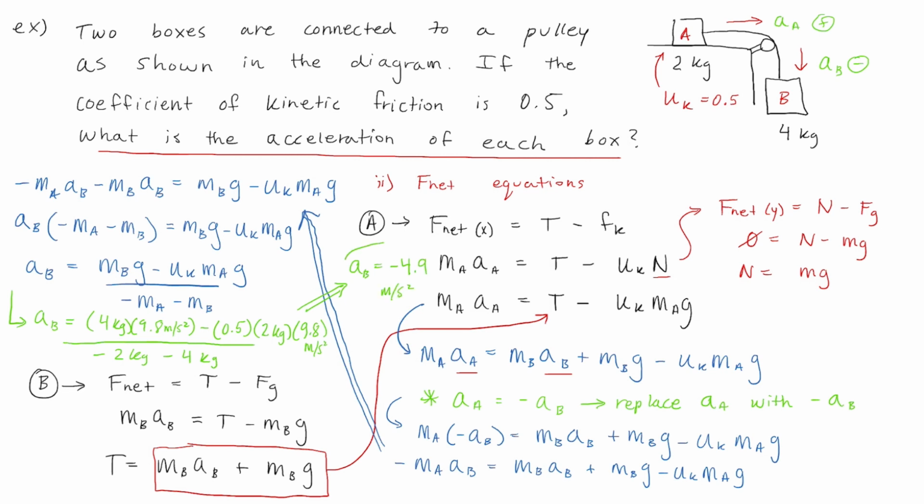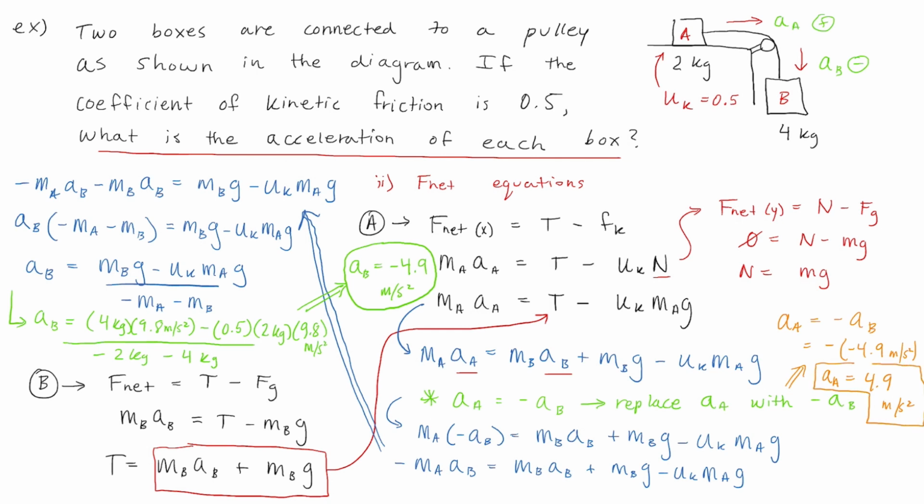And now that's the acceleration for box B, but how do we find the acceleration for box A? Well, we know that the acceleration for box A is equal to negative the acceleration of box B. So all we have to do is plug negative 4.9 meters per second squared into our equation, and we find that the acceleration for box A is positive 4.9 meters per second squared.